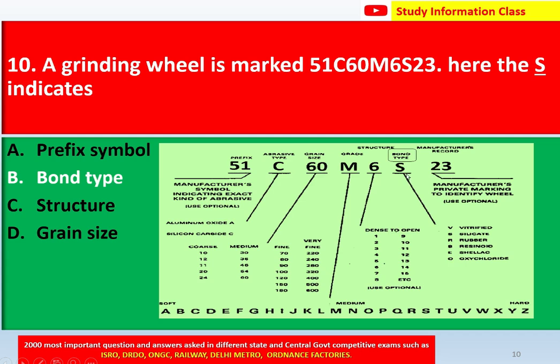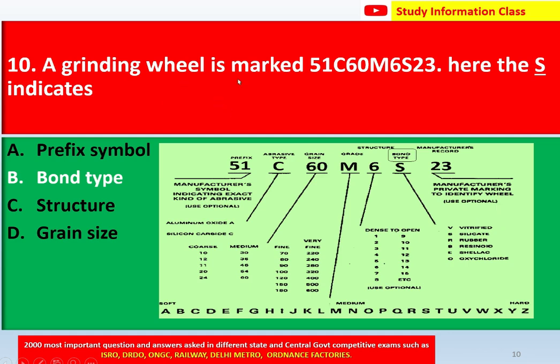S stands for bond type, that is vitrified, silicate, rubber, resin, shellac, and oxychloride. And 23 is the manufacturer's record, a private marking to identify the wheel, which is optional.